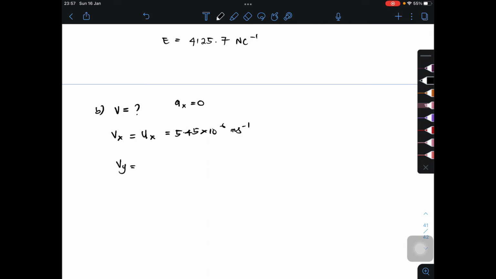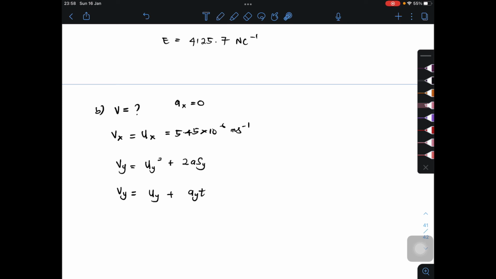Okay, Vy, we can get it from the formula uy square plus 2as sy. Or we can also get it from Vy is equal to uy plus ayt.